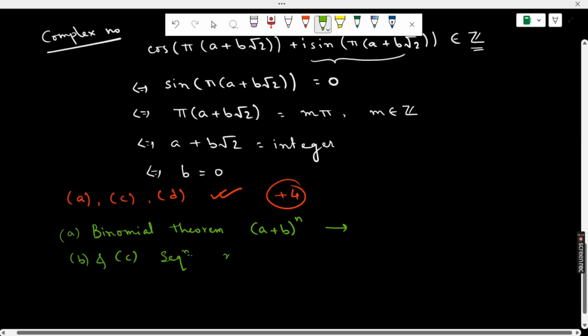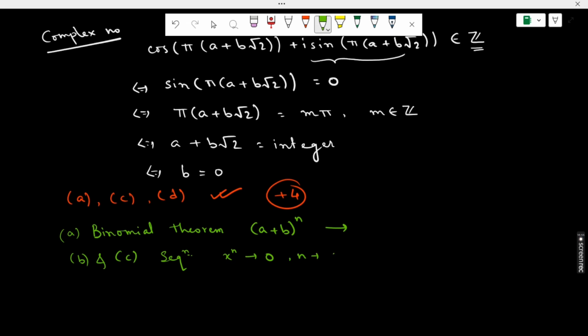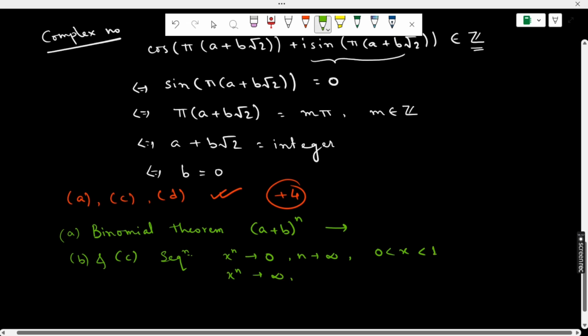That means x^n tends to 0 for n tends to infinity when 0 < x < 1, and x^n tends to infinity when n tends to infinity where x is greater than 1.